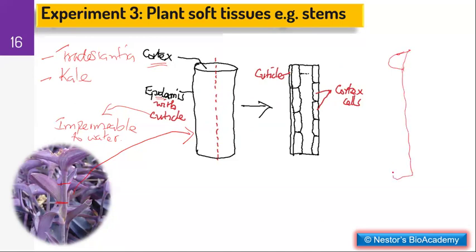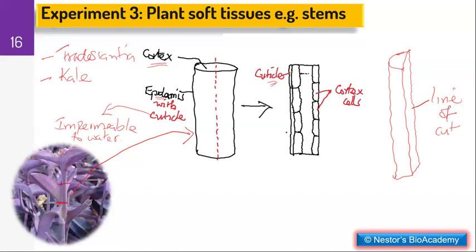If I can represent it in a 3D way, with this being the line of cut, when you cut it into 2, the innermost end will have the cortex cells. Then on this end, we have, of course, the epidermal cells there, and you can see they're covered by a cuticle, which is relatively impermeable to water.